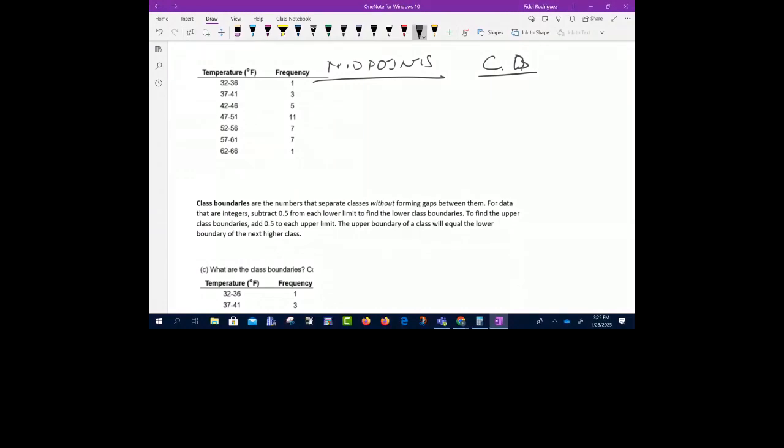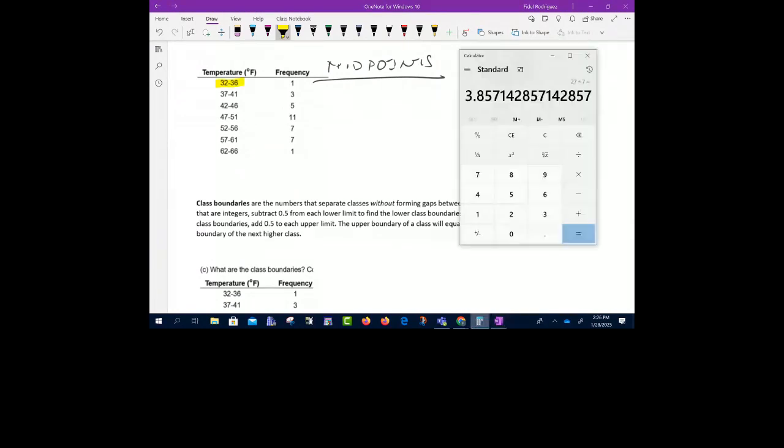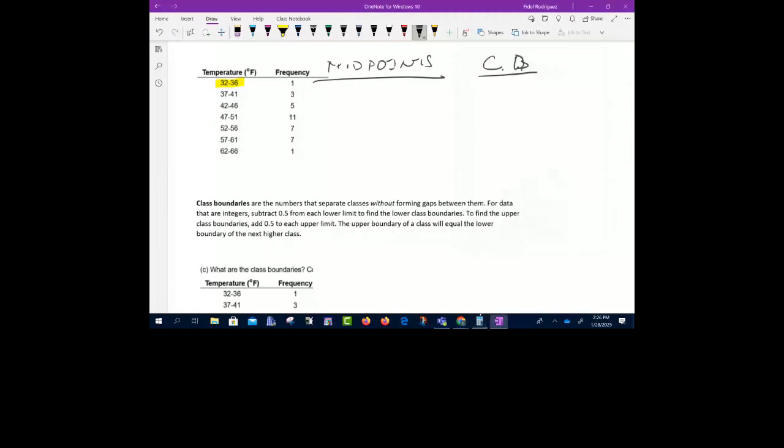So remember, y'all, if we want to find the midpoints, let's take 32 and 36. Let's add those together. Let's divide it by 2. And the midpoint happens to be 34, okay? So look, y'all, right here, I'm going to put a 34.